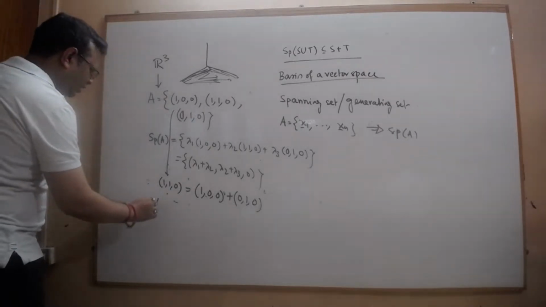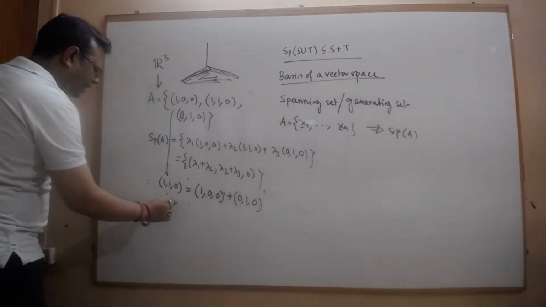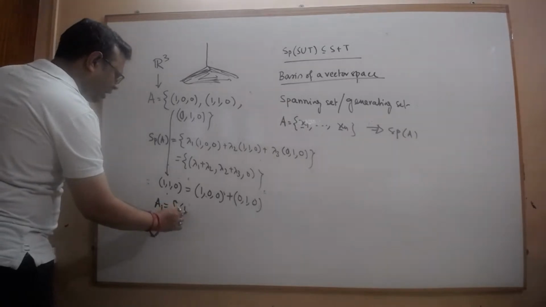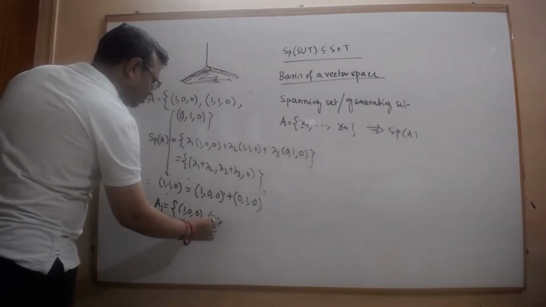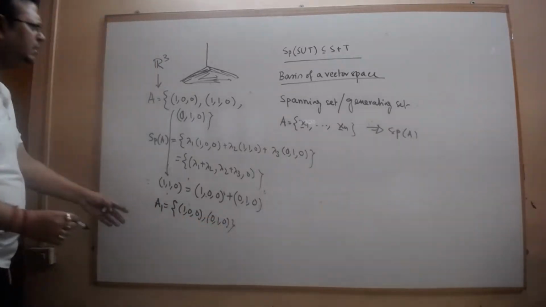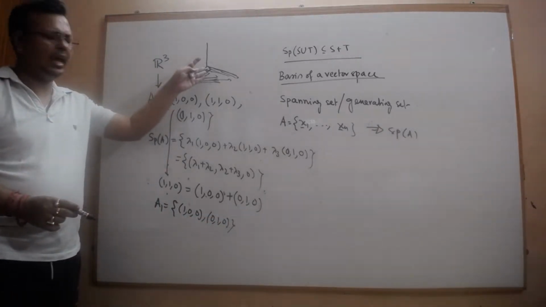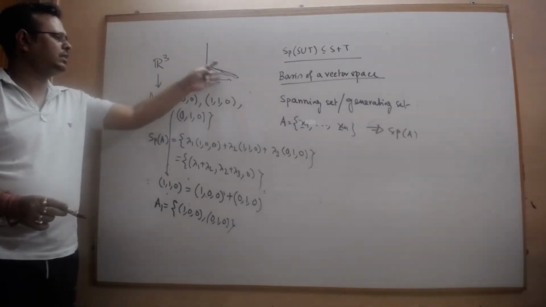So if you take another set A1 which contains only these two elements, in that situation you get this subspace.